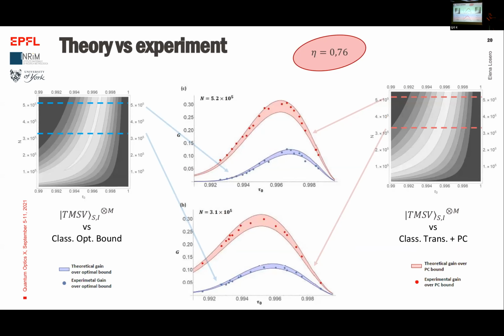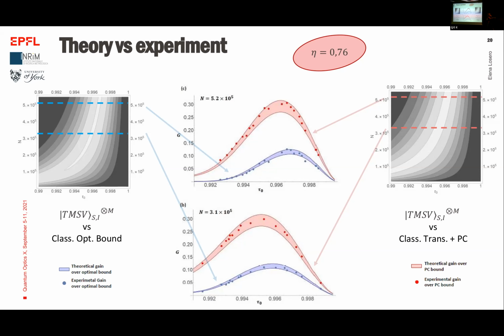So this is my last slide, basically, where we summarize the results obtained. These red and blue curves are the theoretical curves obtained from our model using the parameters of the experiment that we had. And they represent the gain with respect to the classical strategy and the Elstrom bound.